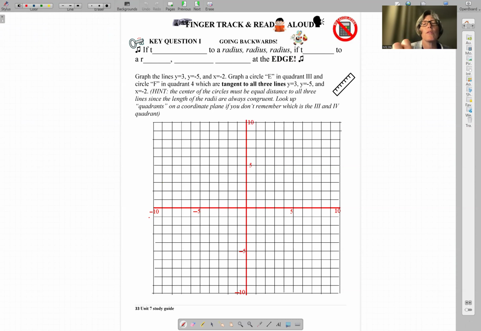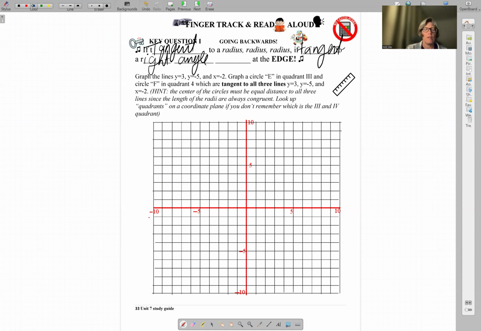So right here, keep this in mind, if tangent to a radius, there's going to be a right angle at the edge.